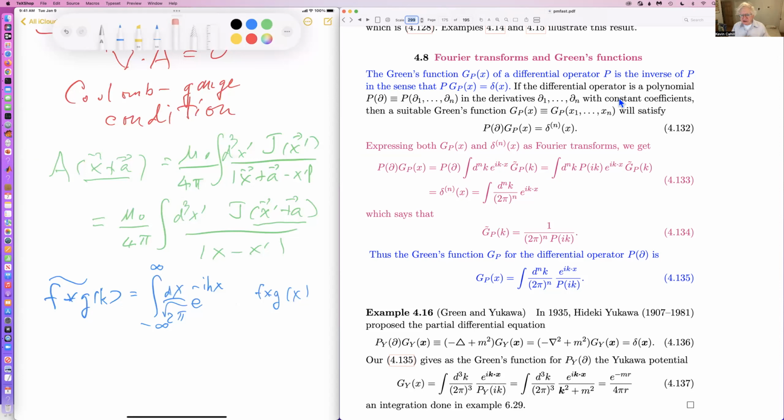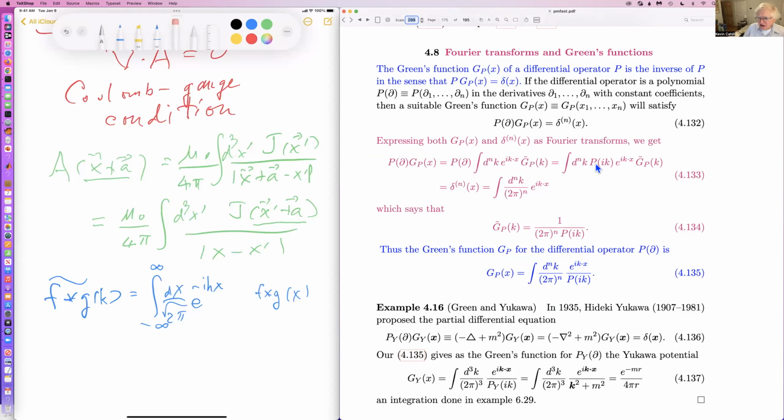As long as P is some function of derivatives, it's quite simple, because P hitting this thing becomes P of ik. Each of the derivatives turns into ik. So it's just P of ik.